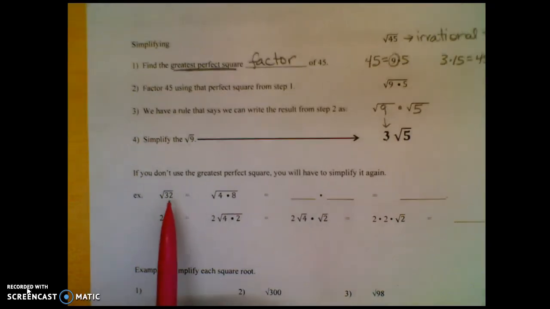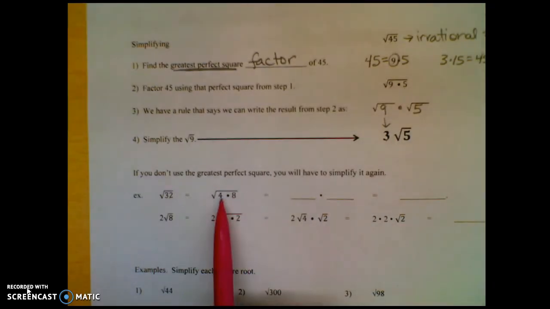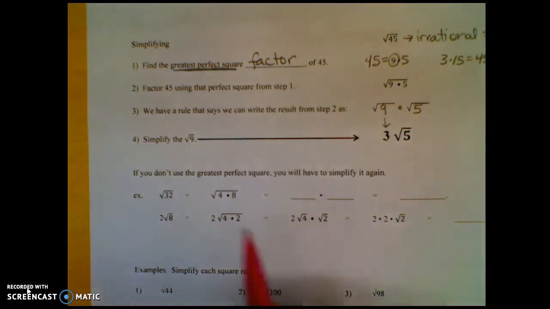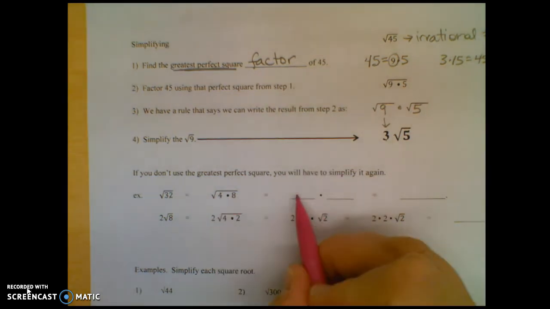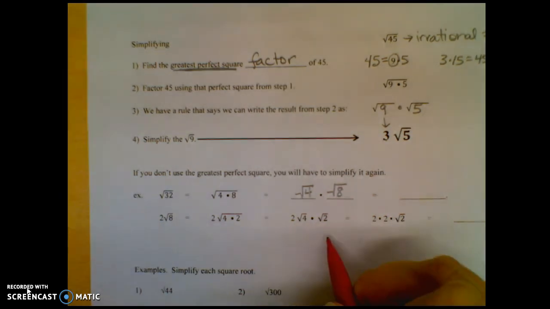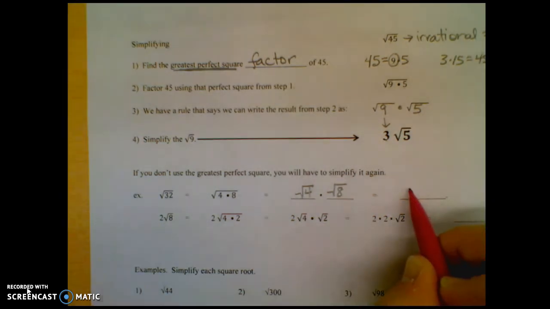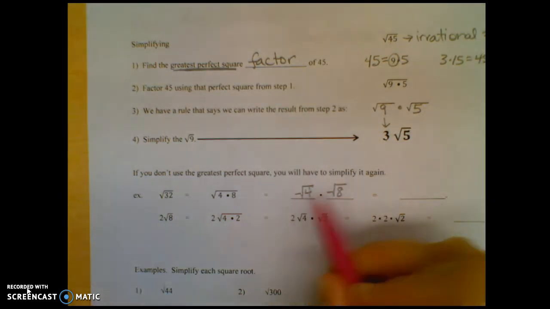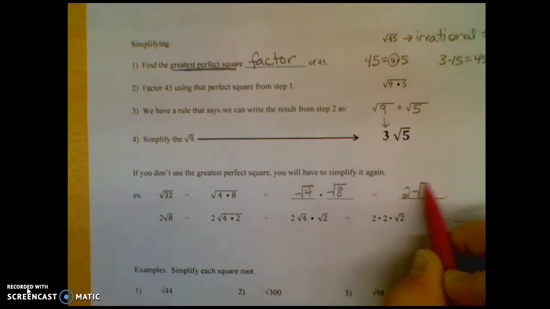So for instance, the square root of 32, that's irrational. That factors into 4 times 8. The square root of 4 times the square root of 8 becomes 2 square root of 8.